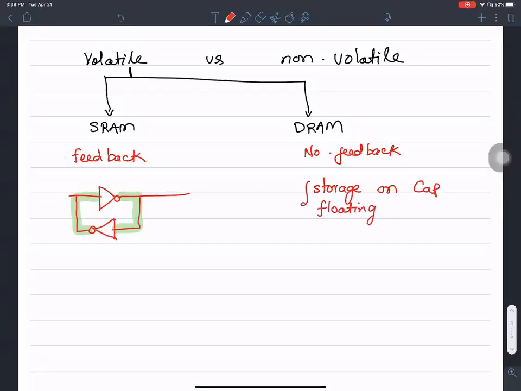This idea of floating cap has been familiar to us even from dynamic logic circuits, where the capacitance was a leaky bucket or leaky balloon that gradually kept leaking charge. The same exact problem here, a leaky cap means that you have to keep refreshing.